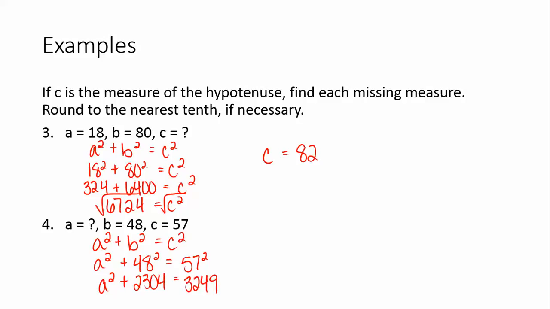And then we have to subtract 2304 from both sides. That gives us a squared equals 3249 minus 2304, which is 945. And then we square root both sides to get the squared and the square root to cancel out to just give us side length A. And this is a decimal, so it's 30.7 when you round to the nearest tenth.